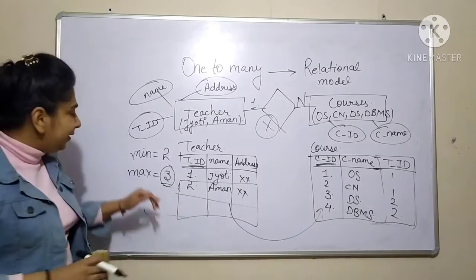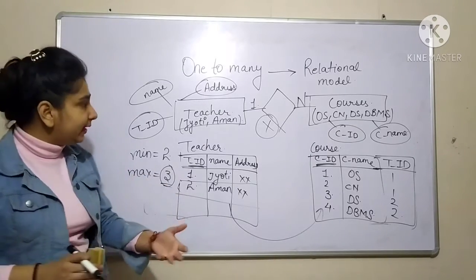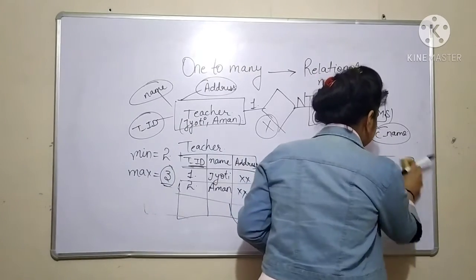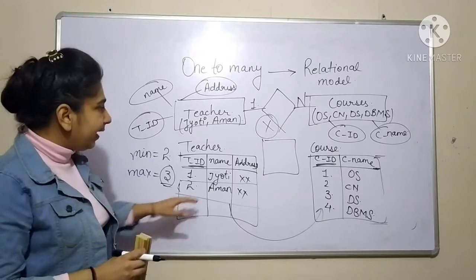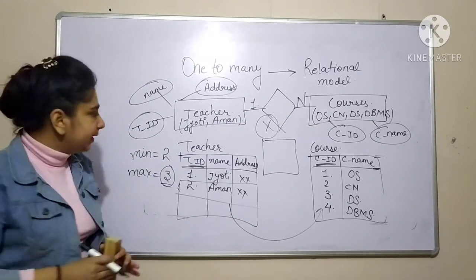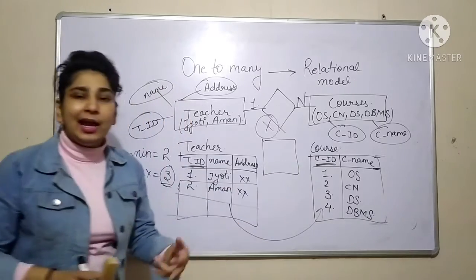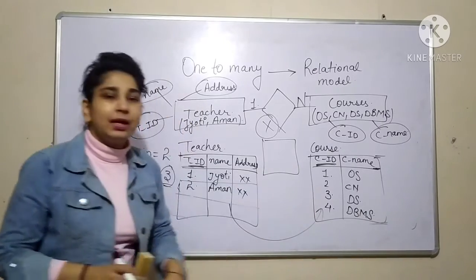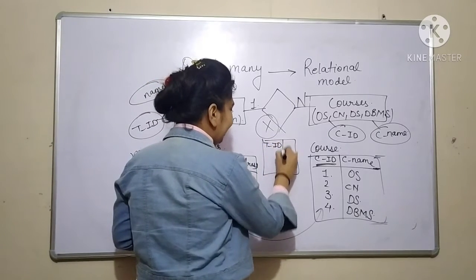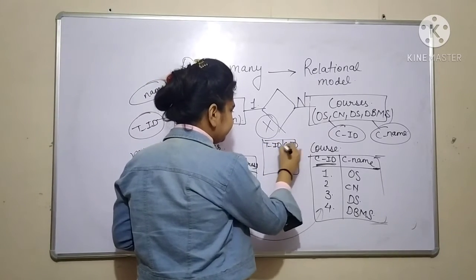So now let me tell you how we would make the table for the relationship. If we have to make a separate table for the relationship, how would we make it? Take the key attribute of both these tables, teacher ID and course ID.